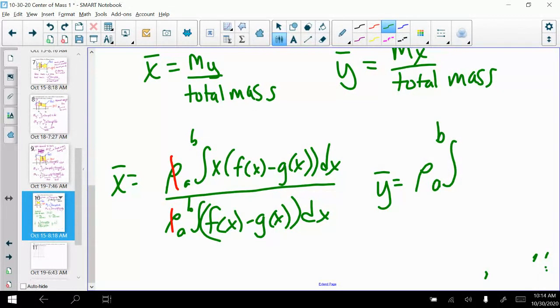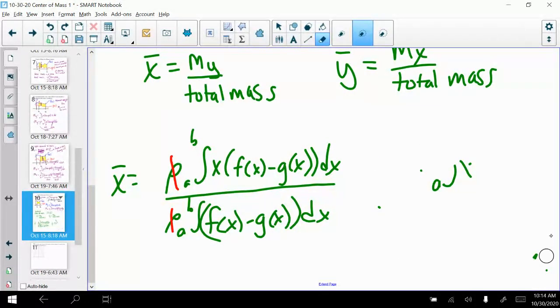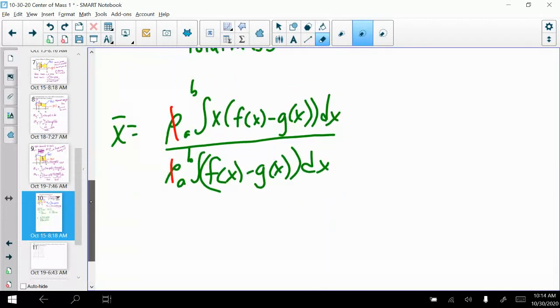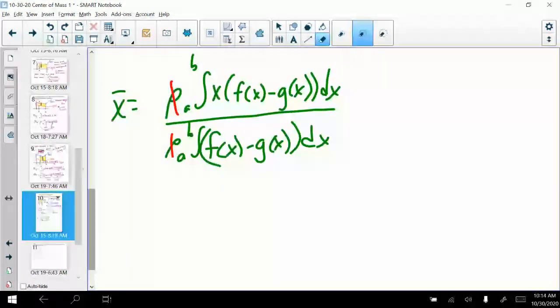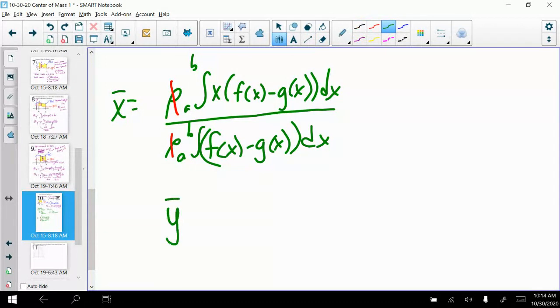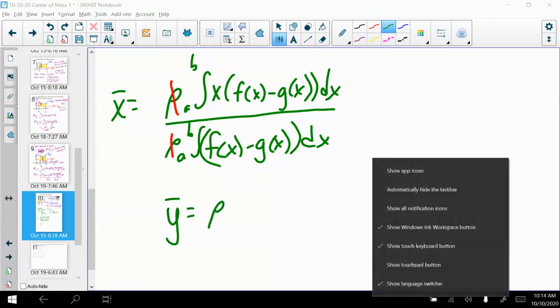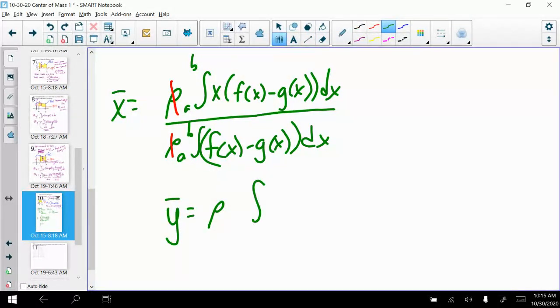Rho a to b, right, let me move this down, actually. So our y bar, the y coordinate of our centroid, is the same thing, rho times the moment.